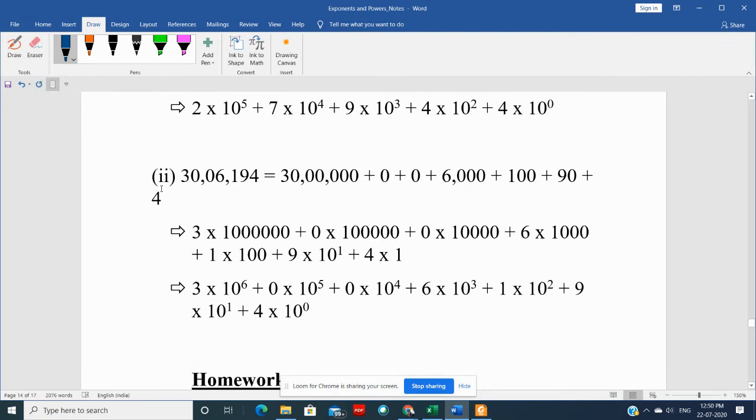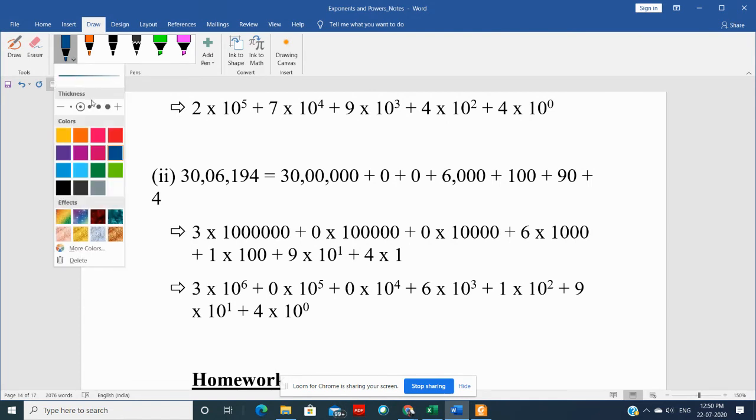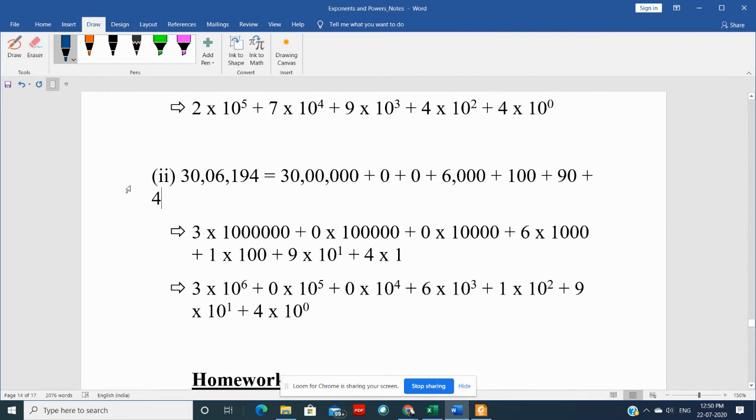So here, this is at 10 lakhs place. So 3 into 10 lakh. In 10 lakh there are 6 zeros, right?